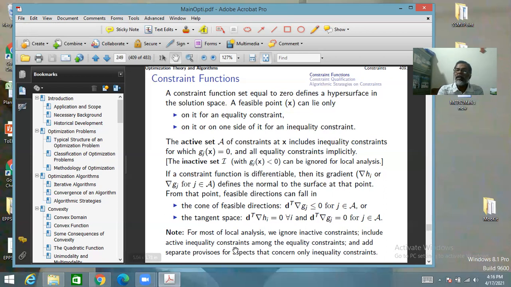Active constraints are included among equality constraints, so they get treated along with them. And separately, as an appendix, we add certain issues because of the inequality constraints which were active, whose complete behavior did not get included as equality constraints. So those issues we separately make note of. That is the way we handle the inequality constraints.